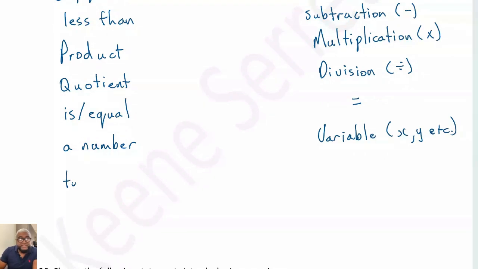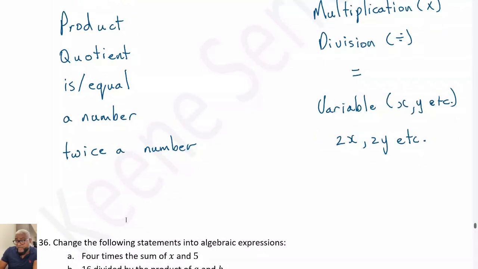If I say twice a number, double, you're doubling it. 2 multiplied by whatever number. So twice a number would be like 2x or 2y, etc. Okay? Half of a number is just a half x, or you divide by 2.